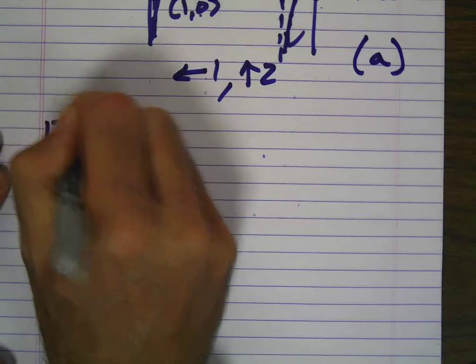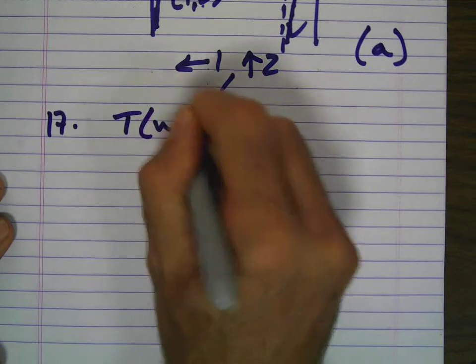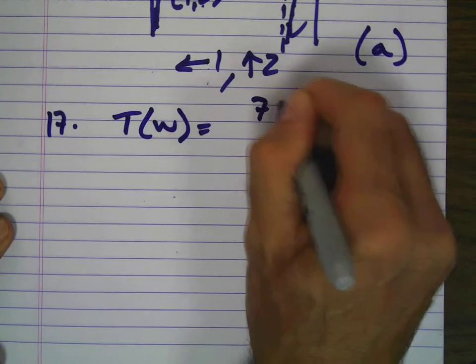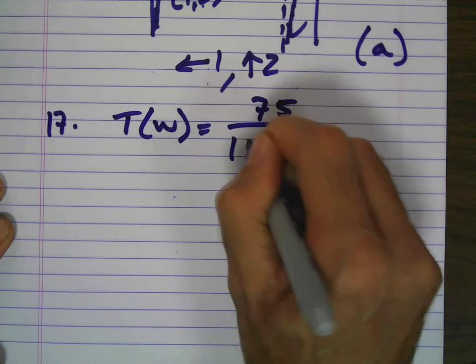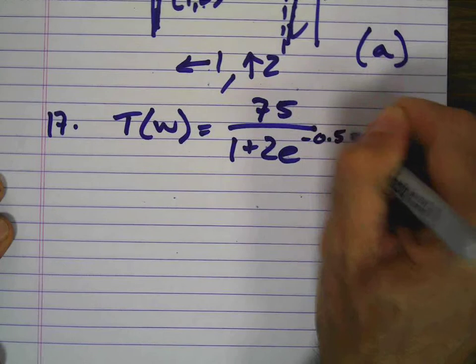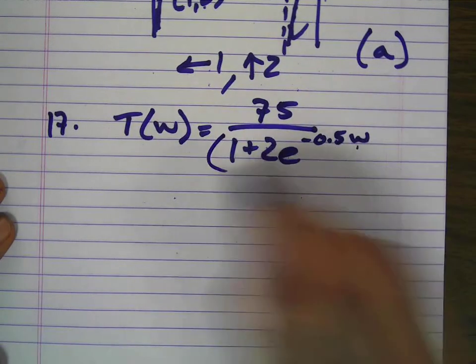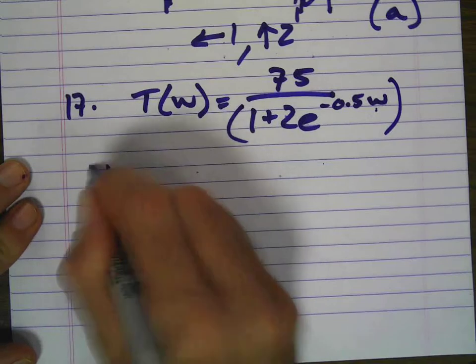Number 17. We know that T of w equals 75 over 1 plus 2e to the negative 0.5w. I'm going to solve for w. Step 1, I'm going to multiply both sides by this.